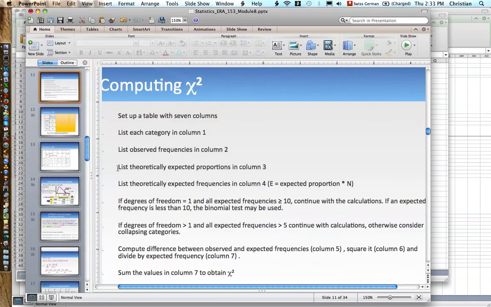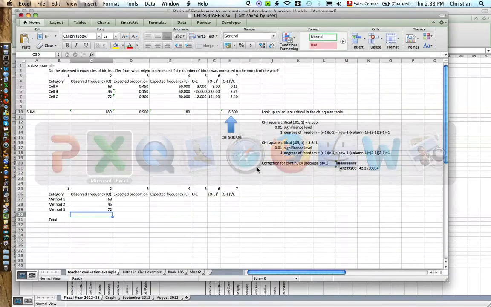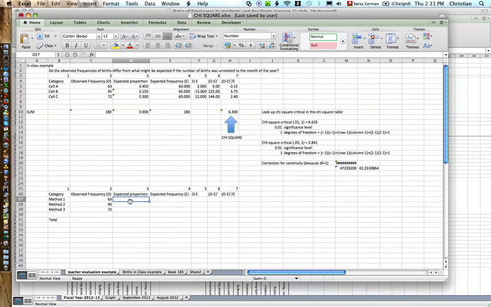Right? The next step is list the theoretically expected proportion in column 3. So column 3, expected proportions, is equals. Every time you hit an equal sign in Excel, that's to calculate the formula. So it's 1 divided by 3. That's the expected proportion, and that's 0.33. Right?